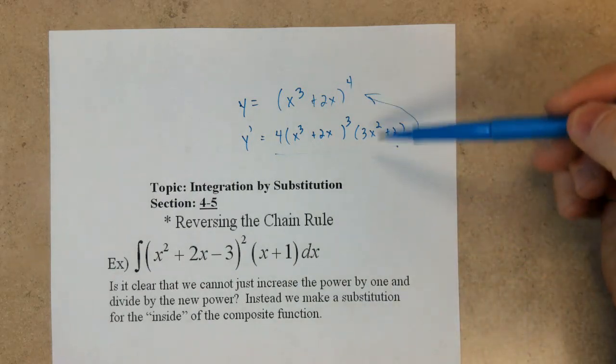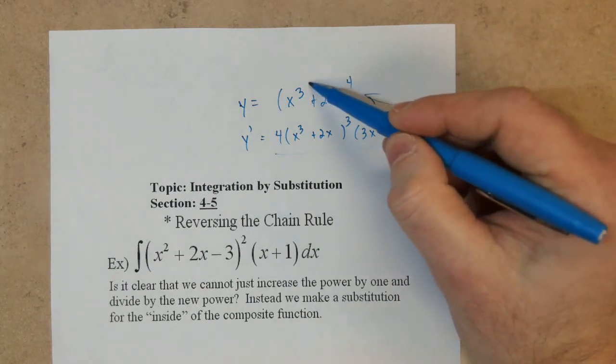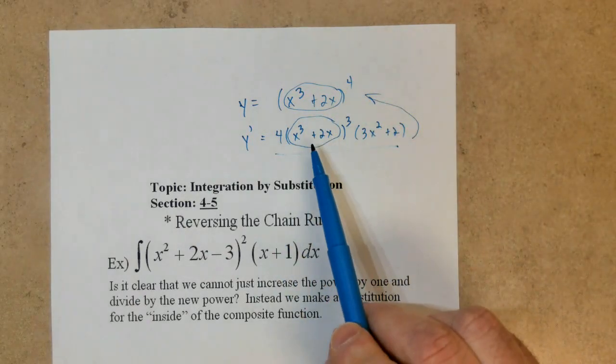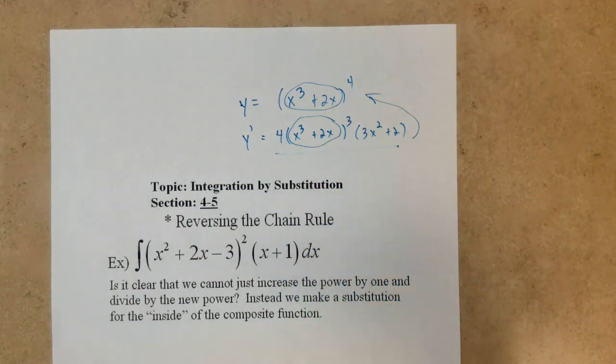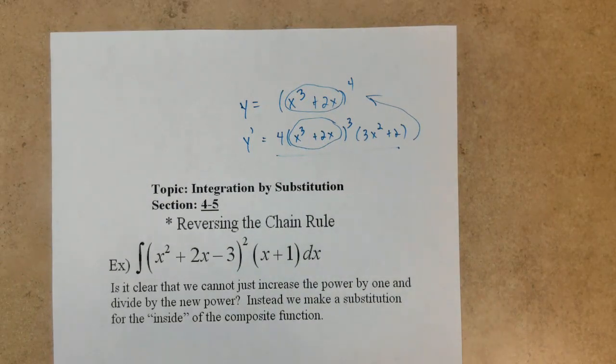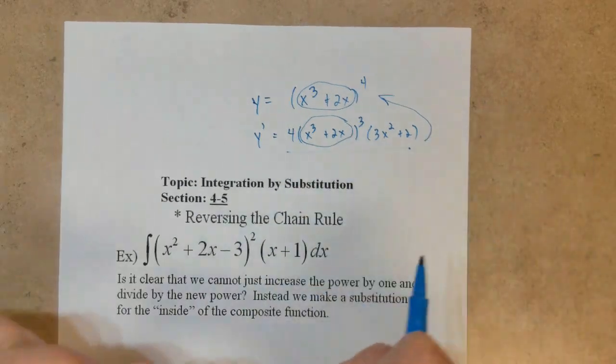So the commonality between these two is this innermost function. That's the same no matter if it's the original function or the derivative. So the first thing we want to do is identify that, and that's what we're going to let be represented by u. Hopefully this will help with that. When we look at our integrand here, what could we let represent u?